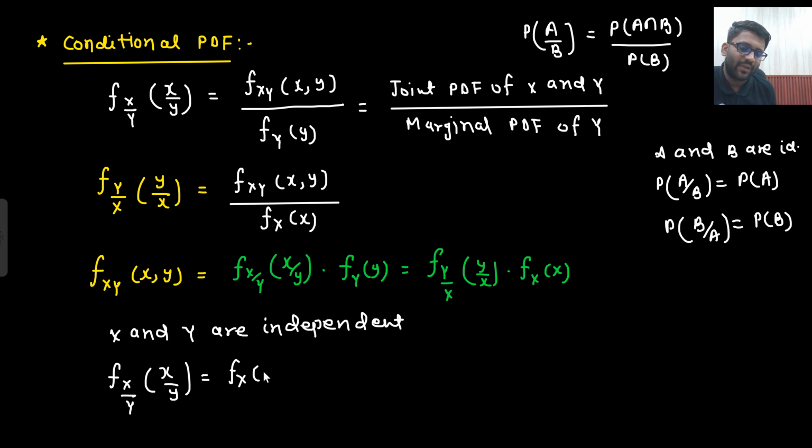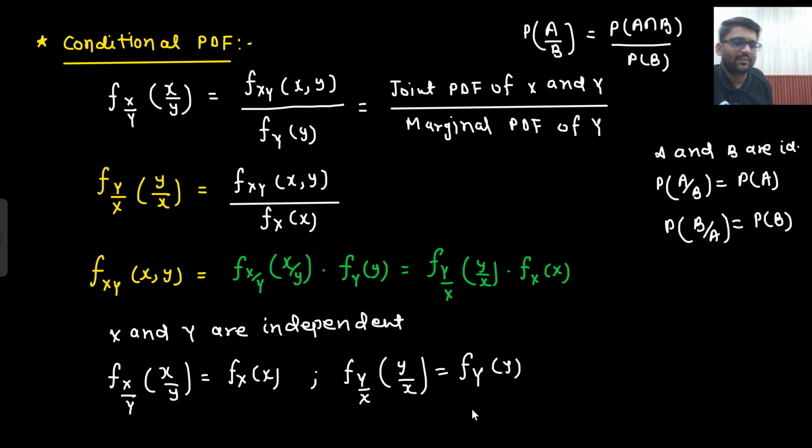That means it would be equal to the PDF of x only, and the PDF of random variable y, such that x has already taken some value, will not be depending on the PDF of x. It will only be depending on the PDF of y. Is that clear to you?